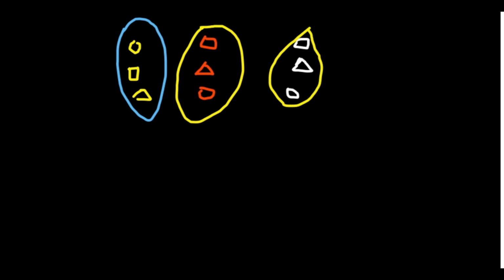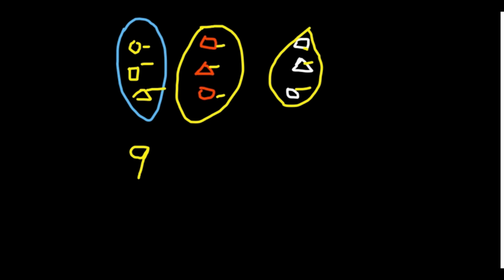in each set we have 3 objects, and if we look at the total objects altogether, we find that they are what? 1, 2, 3, 4, 5, 6, 7, 8, 9. So there are 9 in total.